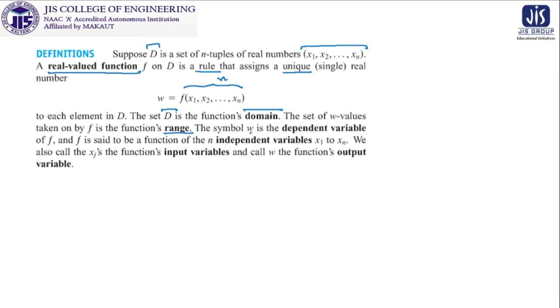The symbol w is the dependent variable of f, and f is said to be a function of n independent variables x1 to xn. We can also call these the function's input variables, and this is the output variable.